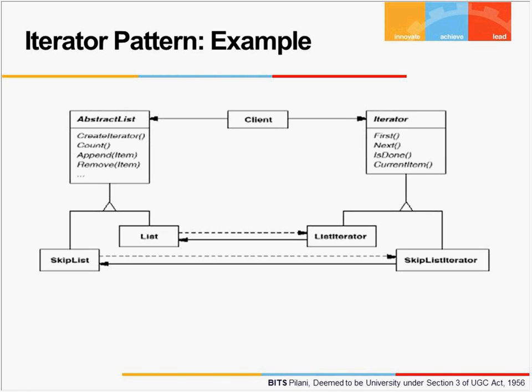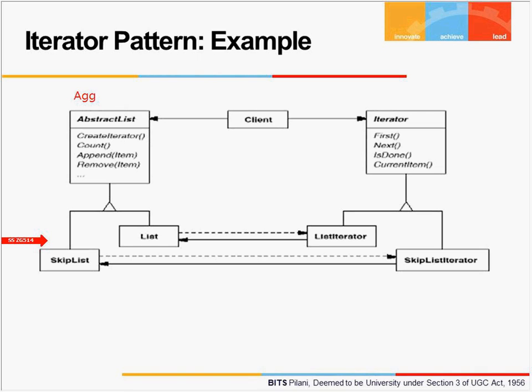I have an aggregate interface. The abstract list in this case is an aggregate. There are two concrete aggregates, list and skip list. Both list and skip list implement the abstract list aggregate interface.